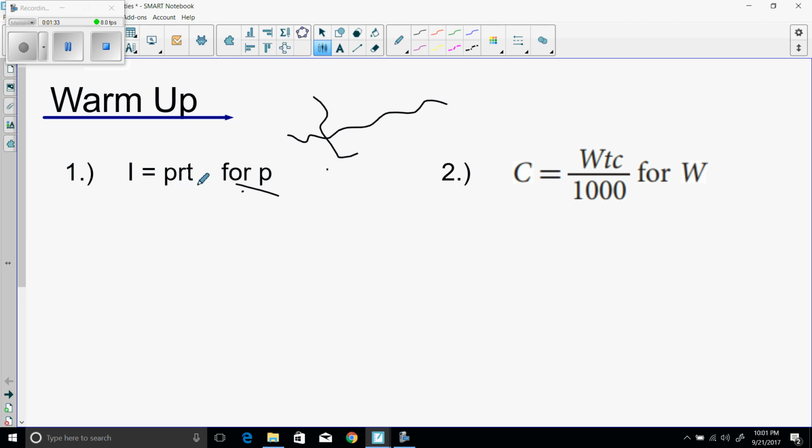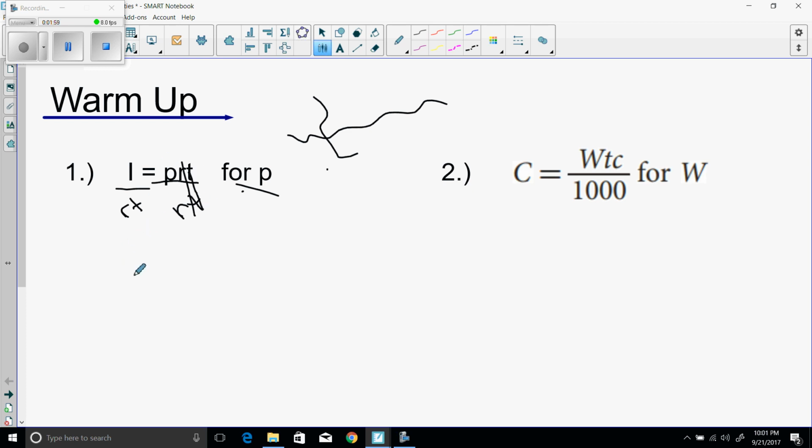If I'm supposed to solve for p, what I notice is that I have p times r times t. And all of that multiplication can get undone in one shot if I divide both sides by rt. If I do that to one side, I've got to do it to the other, so I divide both sides by rt. That cancels out the rt on the right-hand side, and so I'm left with p.